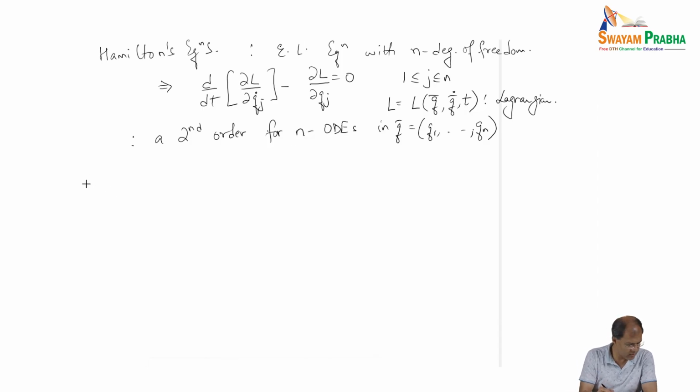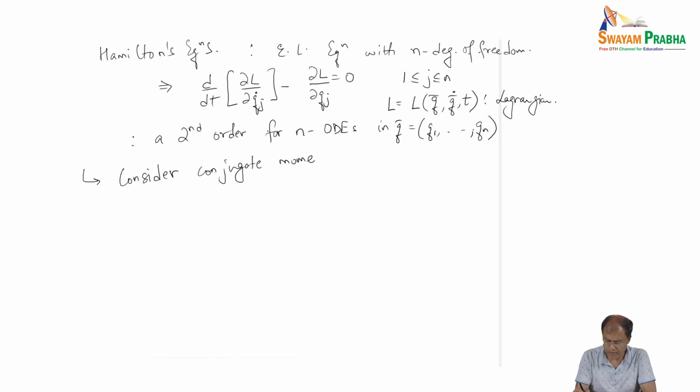So suppose now we introduce the conjugate momenta, which we have seen in one of our previous modules. So consider the conjugate momenta pj, which is ∂L/∂qj dot, for j from 1 to n.